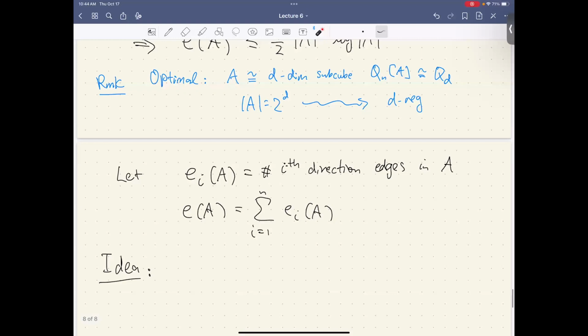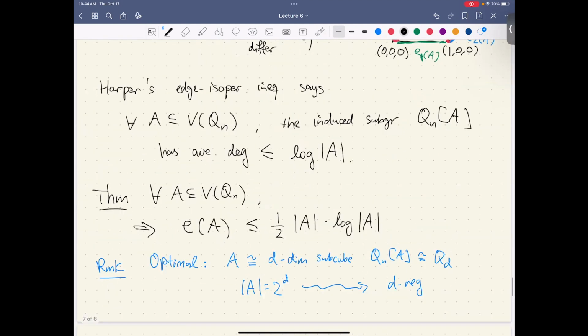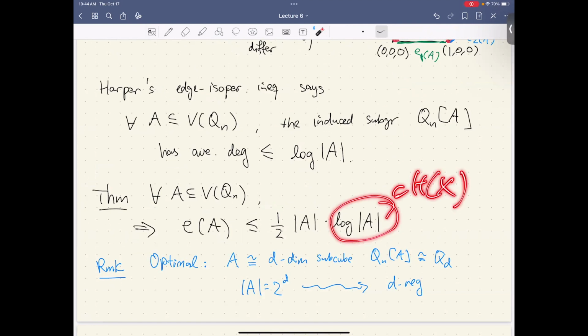So uniformly sample a random vertex X inside the set A. The good thing about this is that the entropy of X now is log of the cardinality of A. So what's in the statement can already be expressed as entropy.